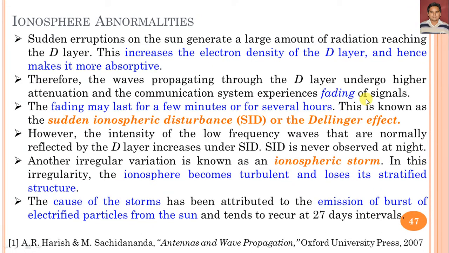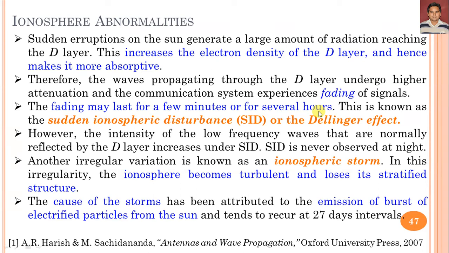So, this is the important analysis as occurs in the ionospheric abnormalities, and the fading may last for a few minutes or several hours. This is known as the sudden ionospheric disturbance (SID) or the Dellinger effect.